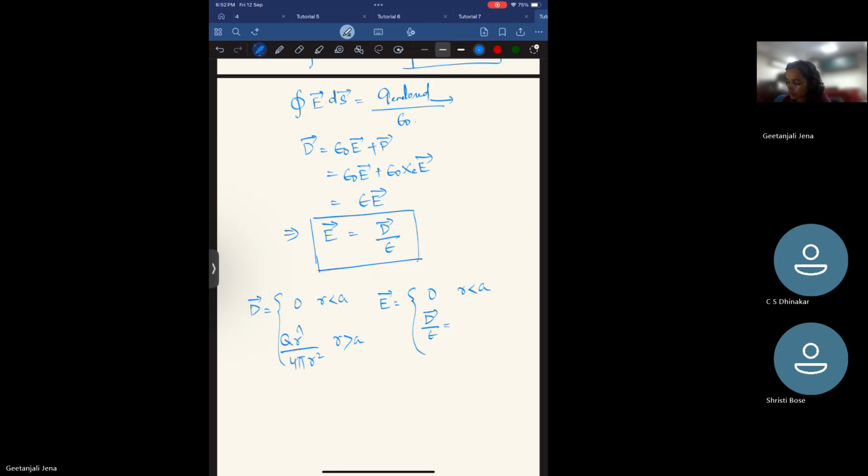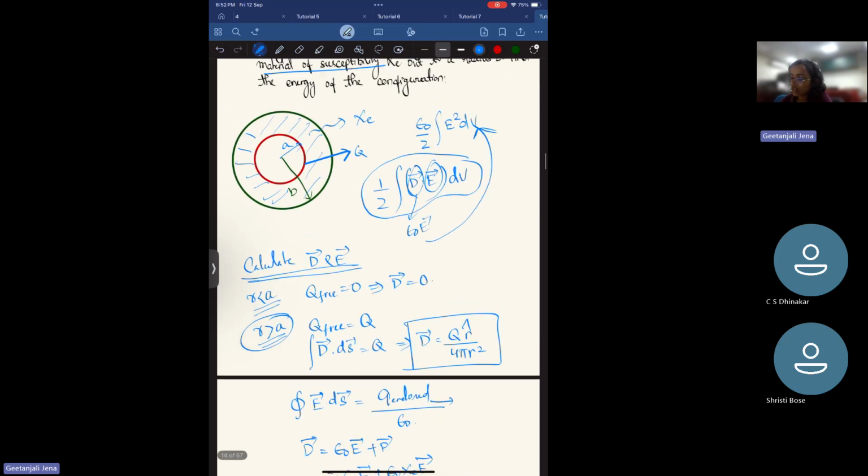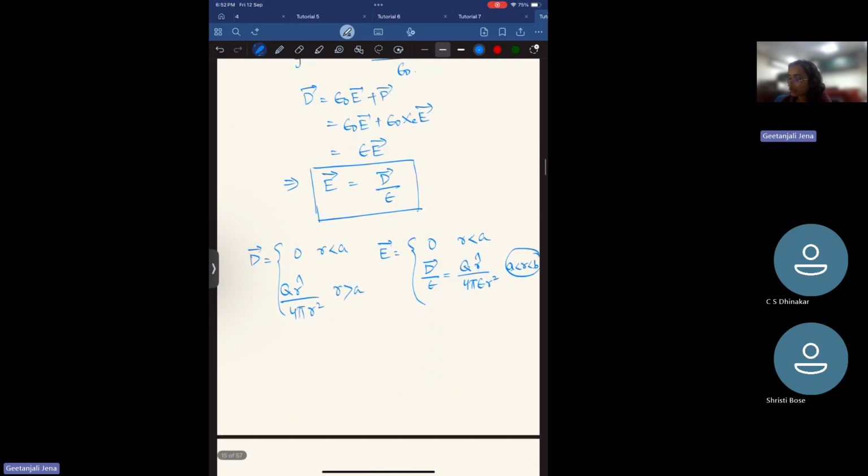So this will give Q R cap by 4 pi epsilon R square for A < R < B. The reason I'm considering this region is because chi E is only valid, chi is only there in this A < R < B region. Outside there is no linear dielectric material. So this will be Q by 4 pi epsilon R square in between the region.